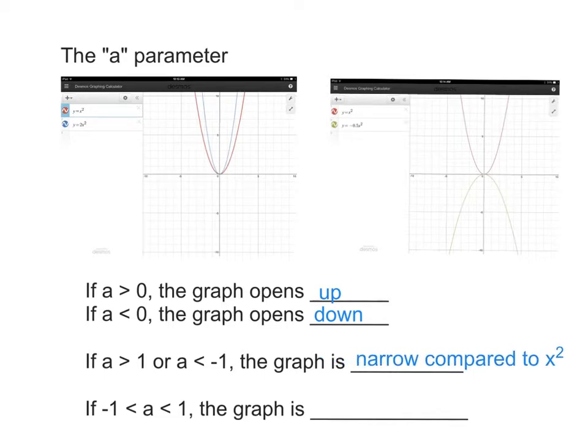And if a is between negative 1 and 1, then the graph is wide compared to y equals x squared.